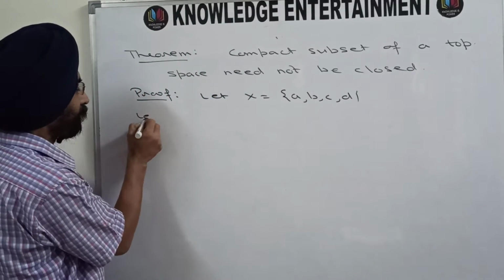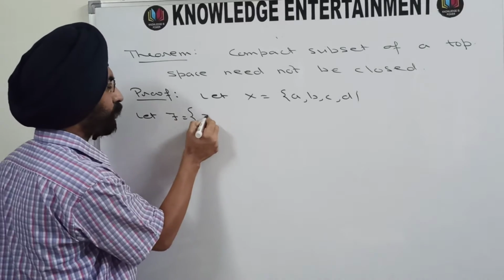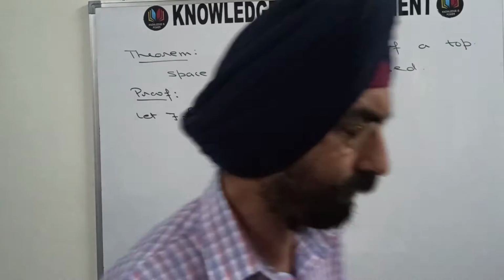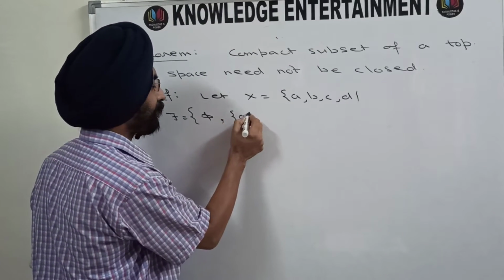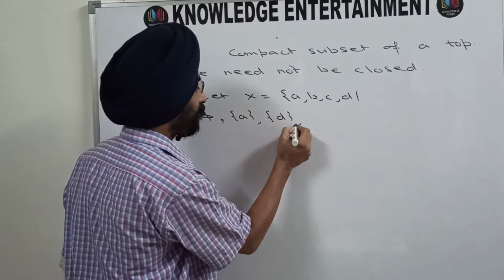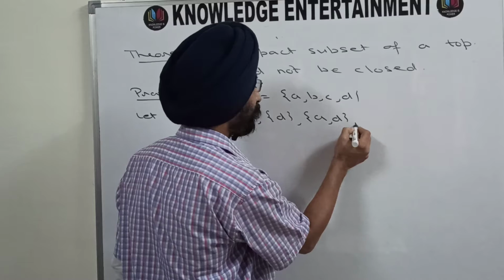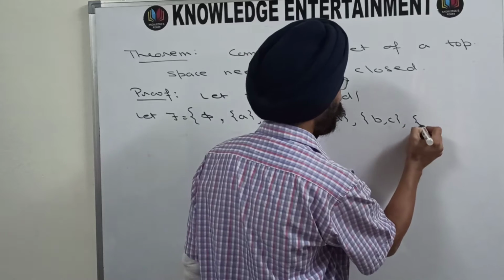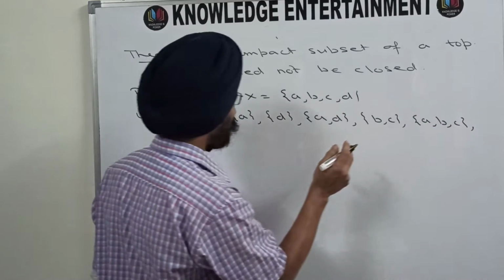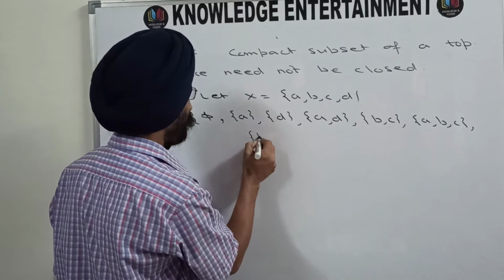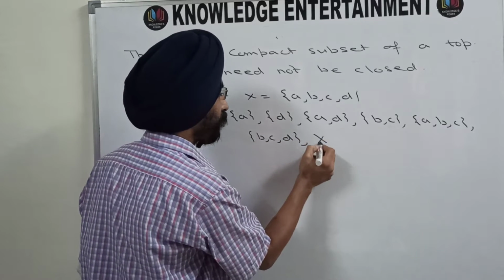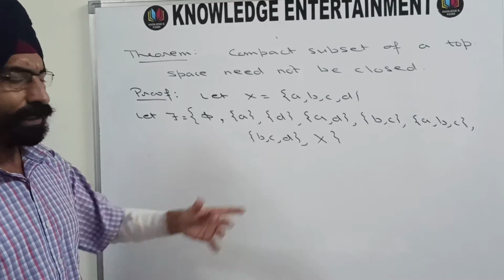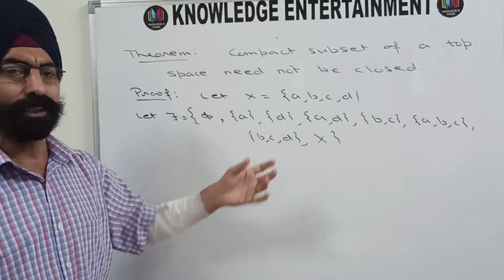Let tau be the topology: phi, singleton set {a}, singleton set {c}, the set {a, d}, the set {b, c}, the set {a, b, c}, and the set {b, c, d}. And obviously there will be the whole set X. So it is a topology on X.